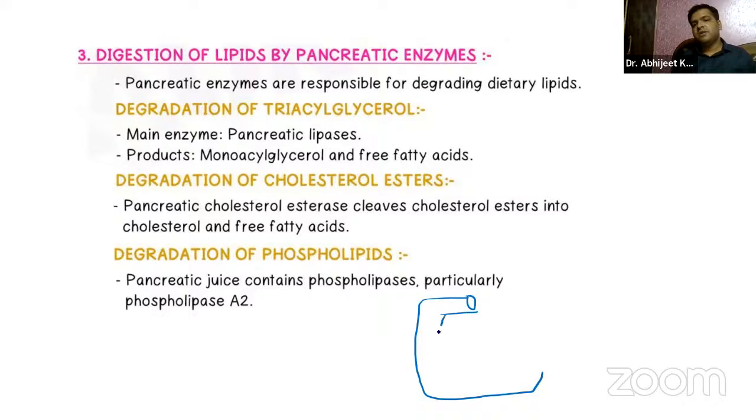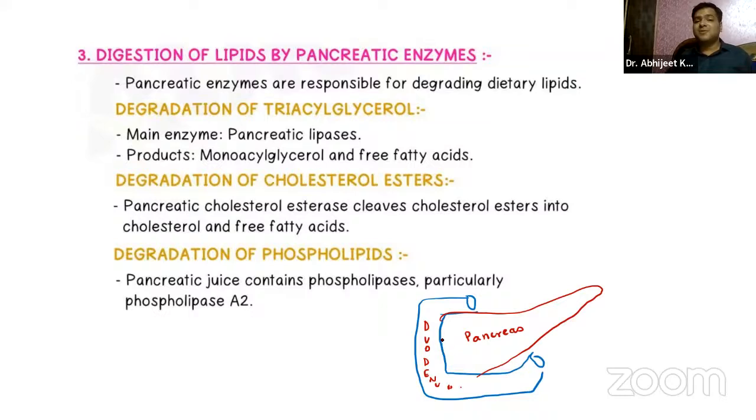In the arms of the duodenum, guys, we have the pancreas, which is located there. Duodenum is a part of the small intestine, right? So this is also called the romance of the duodenum, where the pancreas is trying to be in the arms of the duodenum. That is a romance which is occurring in our own body, the love triangle, which you can see over here.